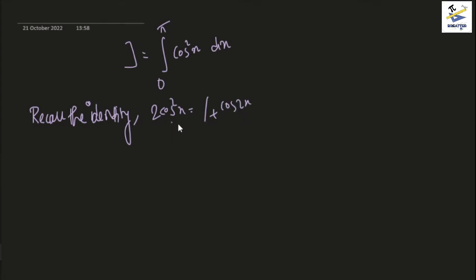So we can use this identity, because therefore cos square x is equal to 1 plus cos 2x by 2. I'll also be doing a trigonometry course very soon where you will know how to do these trigonometric functions.